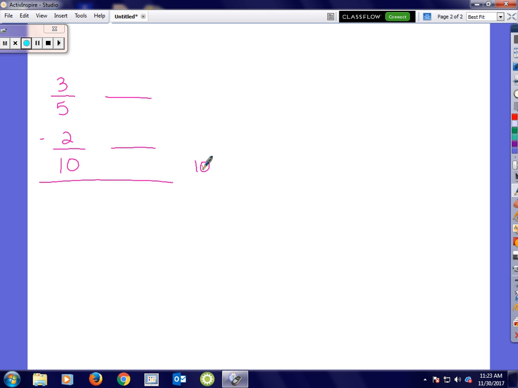Well, I already know 5 goes into 10, so I don't have to go any farther. I'm just going to do my 10s. And 10 is already in my denominator here, so I know 2/10 is going to equal 2/10. So now here I'm going to divide and then multiply. 10 divided by 5 is, now I'm nervous that it's not going to be right. 10 divided by 5 is 2. 2 times 3 is 6. 6 minus 2 is 4.